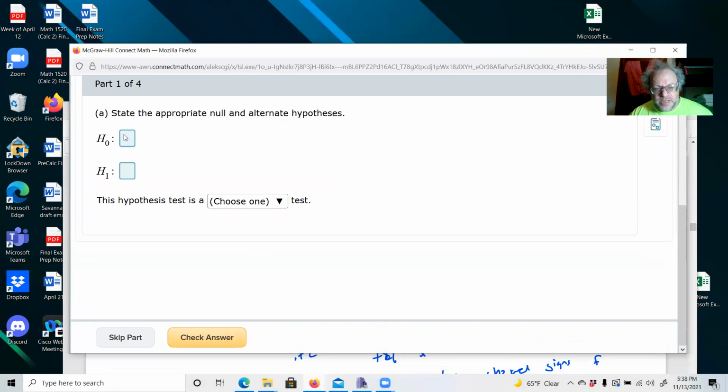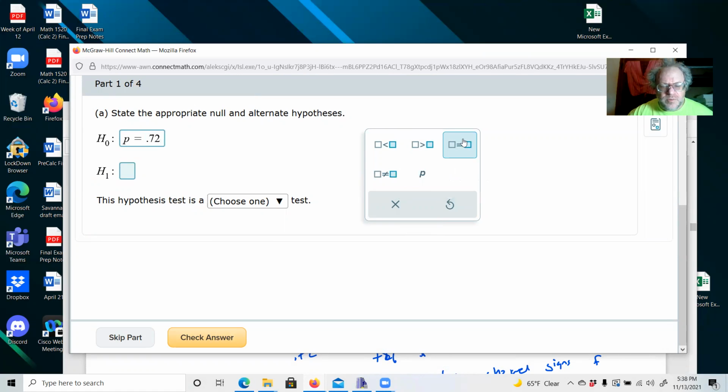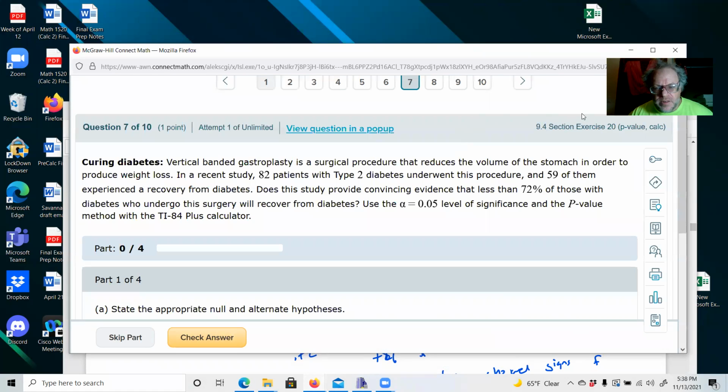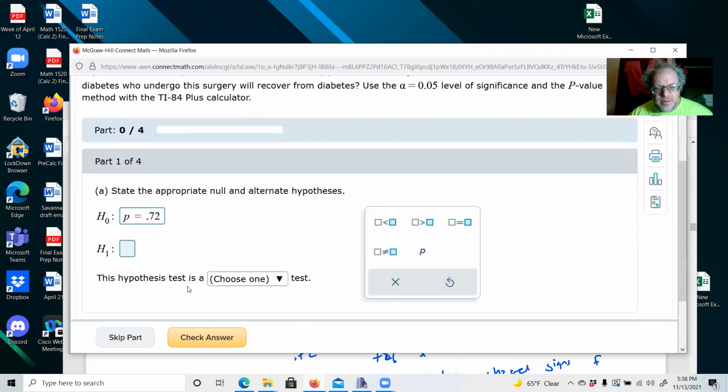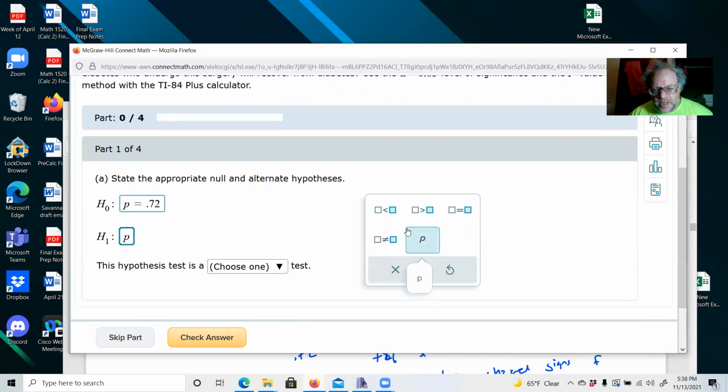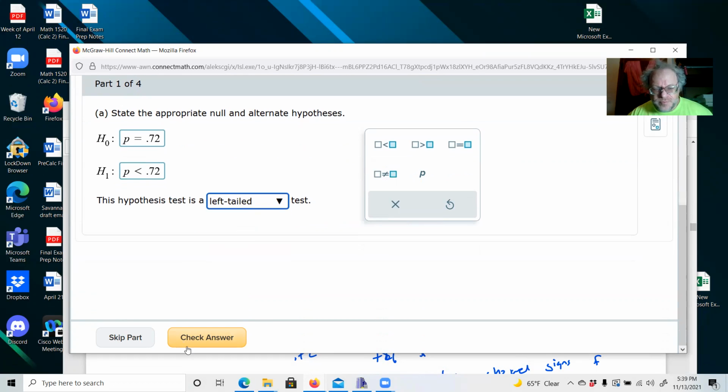All right, so H0: P is equal to 0.72. That's what we're given. And they wanted less than, so we want P less than 0.72. This is a left-tailed test.